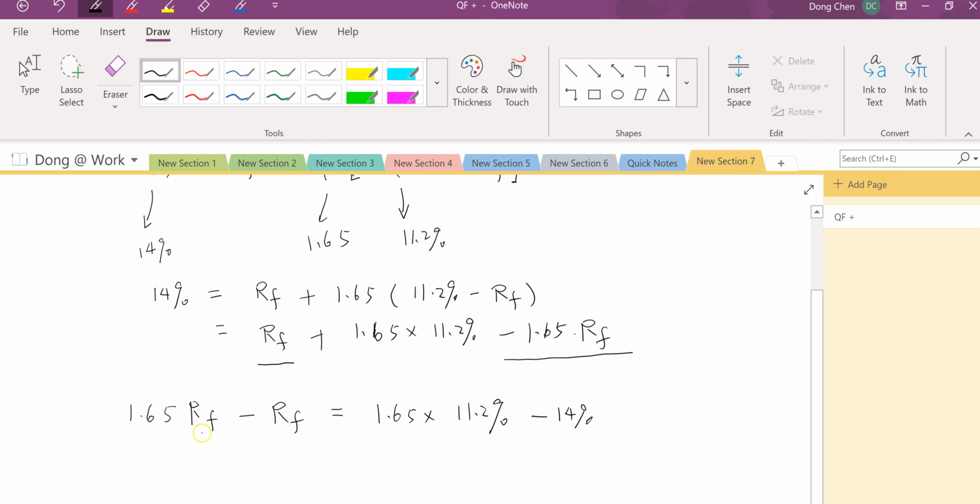Then we can combine these two terms: 1.65 minus 1 times RF. So it's 1.65 minus 1, which is simply 0.65.